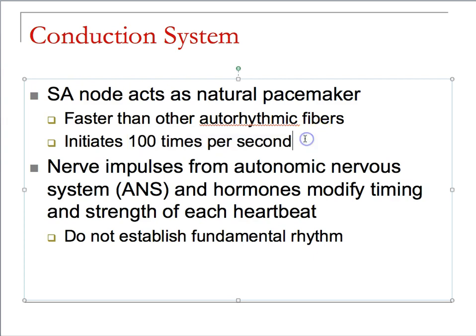That should say minute. That's wrong. Per minute. Okay? And the regulation of these is through the autonomic nervous system. So this is what establishes the fundamental rhythm, right? Roughly 100 beats per minute.